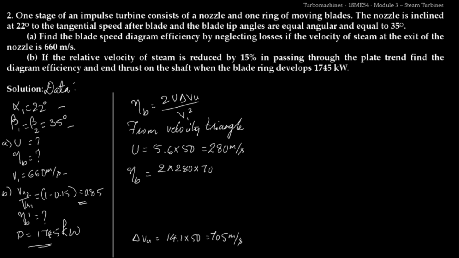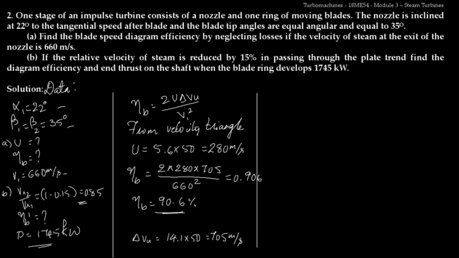So 705 divided by V1 square. V1 is 660 meter per second. So it's 0.906. The diagram efficiency is 90.6%.